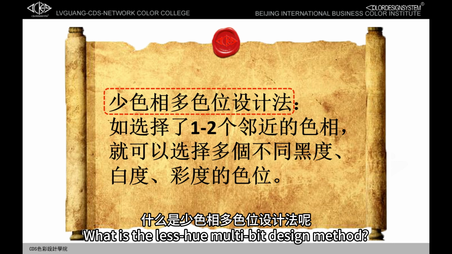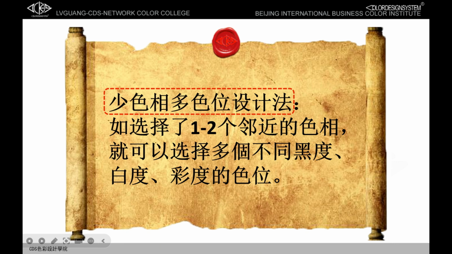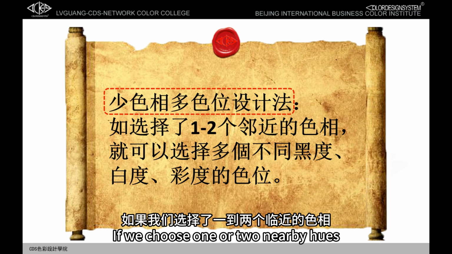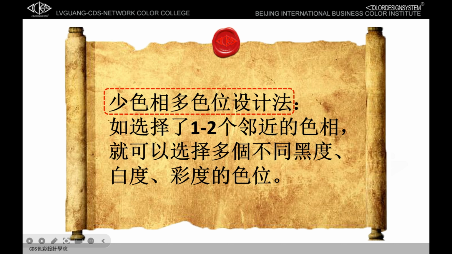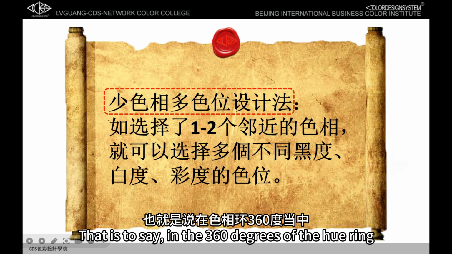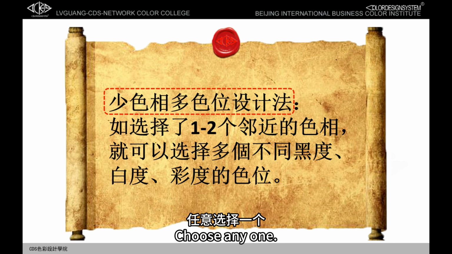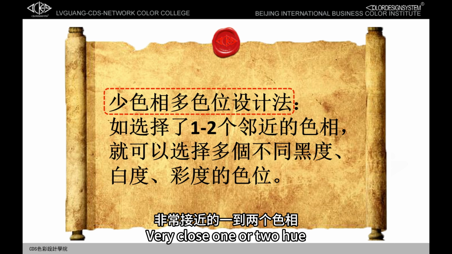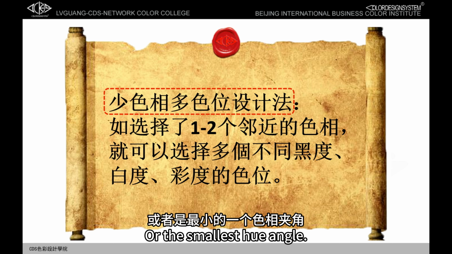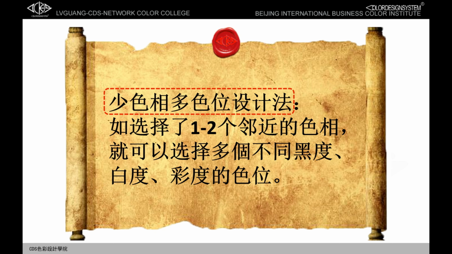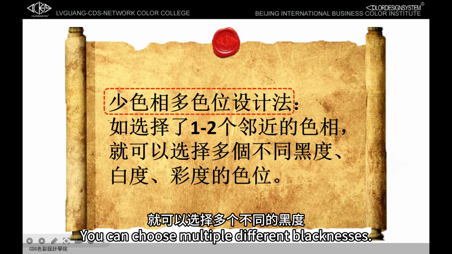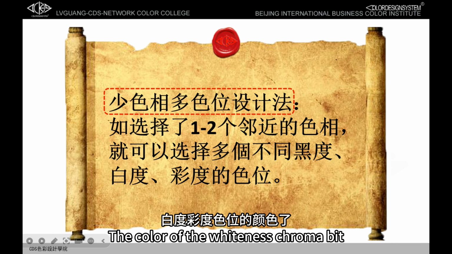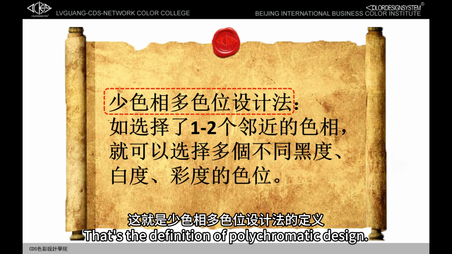What is it? It tells you very clearly: if we choose one or two nearby hues, that is, in the 360 degrees of the hue ring, choose any one or two very close hues, or the smallest hue angle, you can choose multiple colors with different blackness, whiteness, and chroma bits. That's the definition of the polychromatic design method.